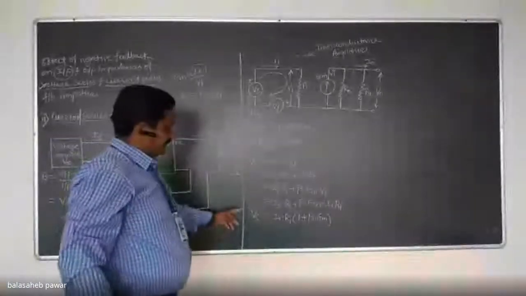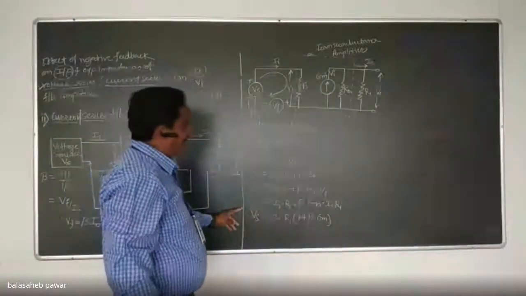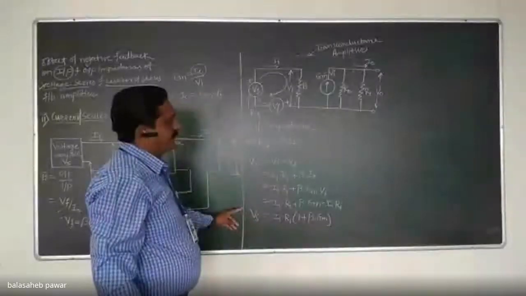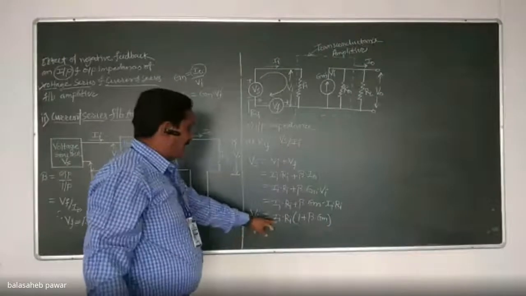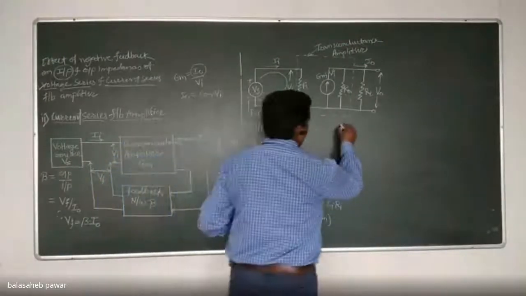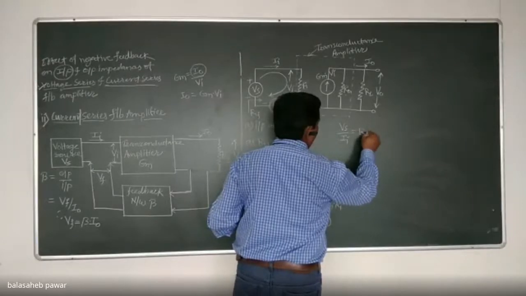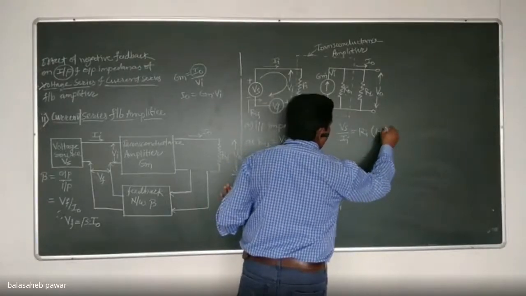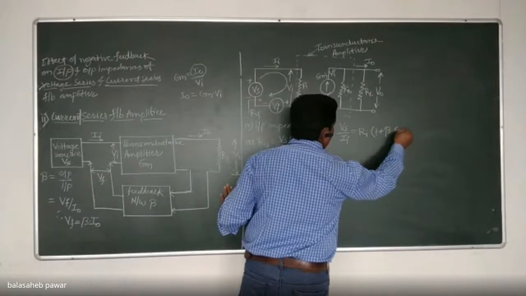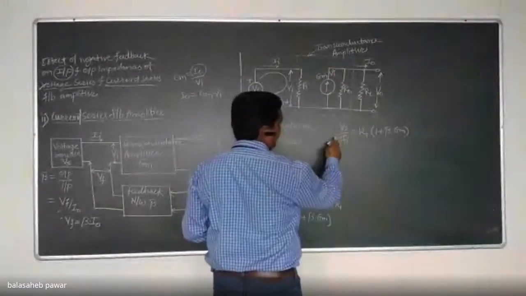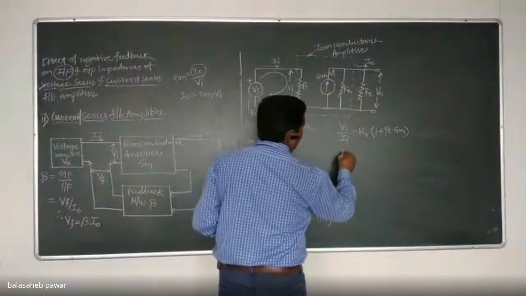Are you getting it? Yes, sir. Okay. Now take this II towards the LHS. Therefore, VS by II equals Ri in bracket 1 plus beta times GM. Is it? And what is this VS by II? It is nothing but RIF.